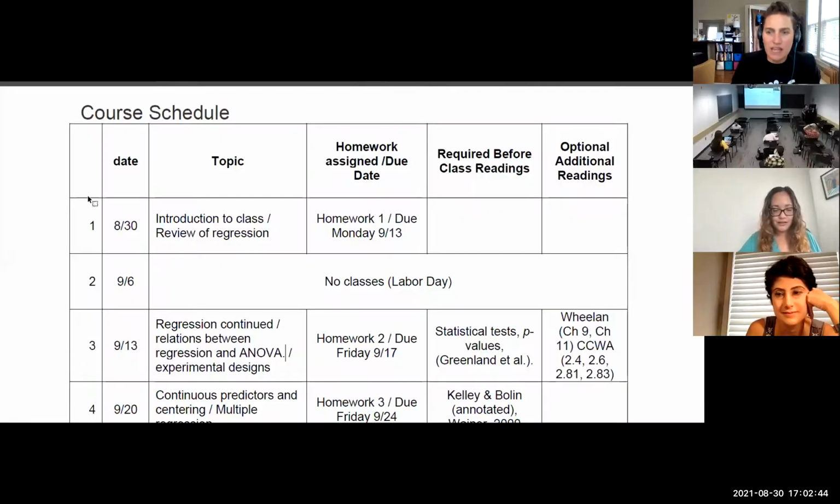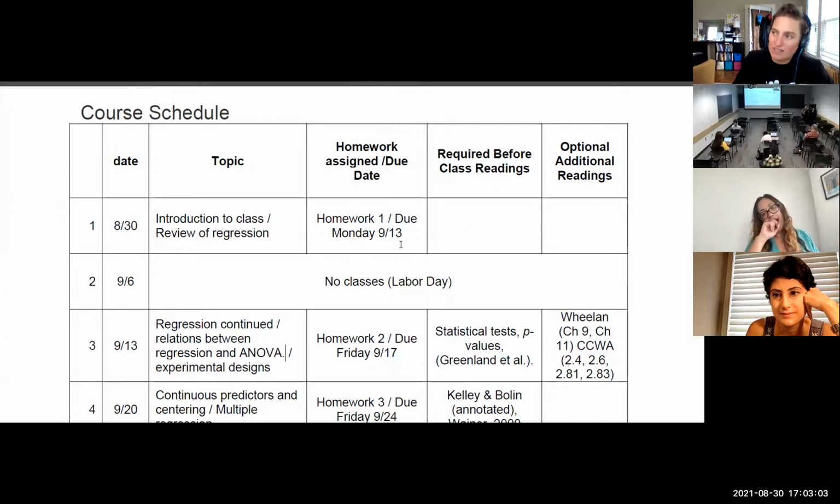So one more thing I want to share with you is at the end of our syllabus, you'll see that there's a course schedule. And I want to show you how to read the course schedule because sometimes rows and columns can be tricky. I have the date of the class meeting. This is the week. This is the topic we'll cover.